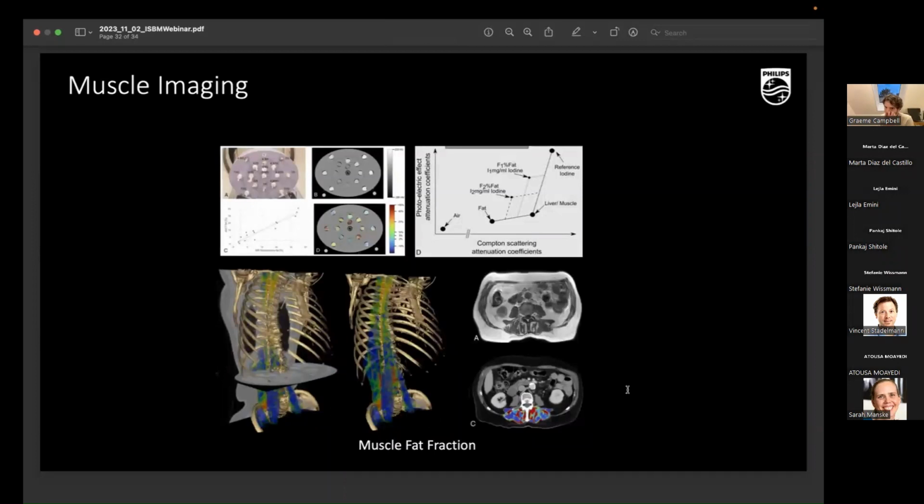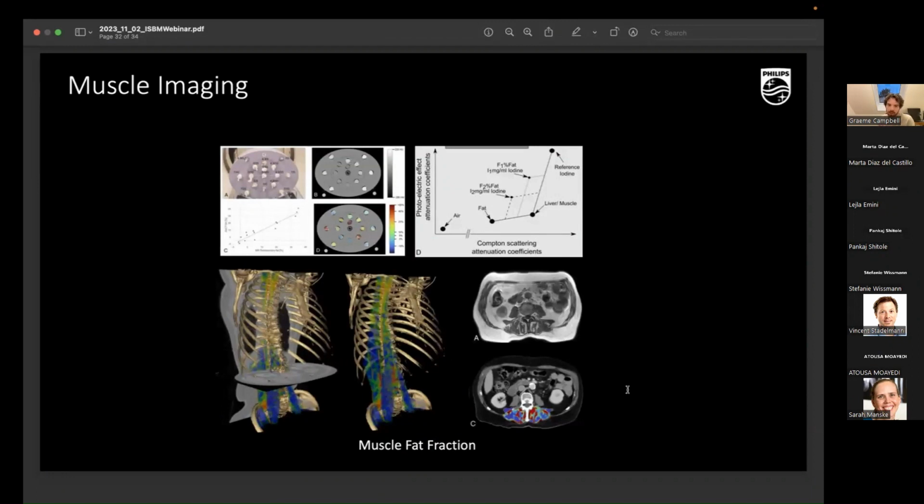And the last thing I wanted to talk about was muscle. We're doing a little bit of work on this as well, looking at things like muscle fat fraction. So in patients where we have sarcopenia and there's a lot of fat infiltration, this is difficult to see, especially if you have contrast agent. So contrast agent will enhance the tissue, and then the subtle changes in Hounsfield unit from fat and water will be very difficult to see.